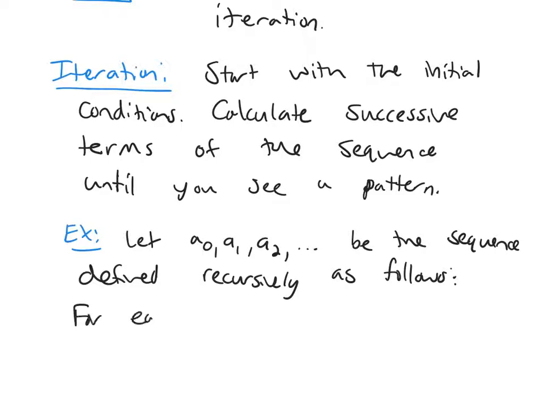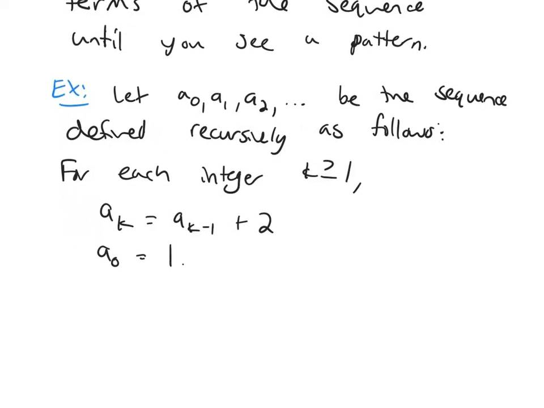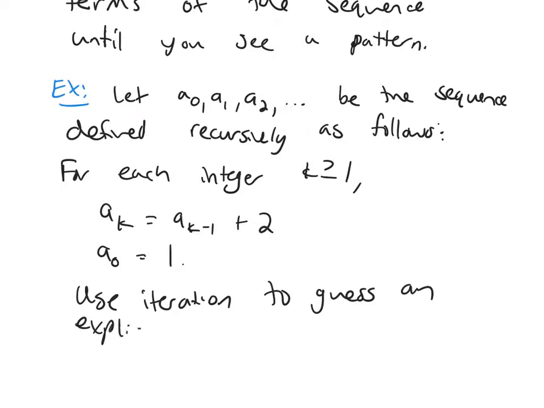For each integer k greater than or equal to 1, ak is ak minus 1 plus 2, and a0 will be 1. My initial term will be 1. And I want you to use iteration to guess an explicit formula for the sequence.